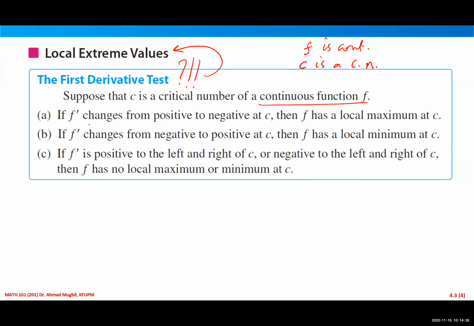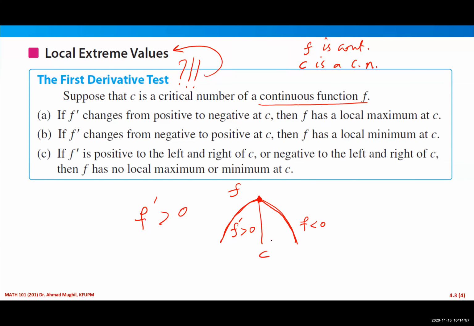When the first derivative is positive, ya shabab, this means increasing, right? And the function itself will be increasing. And if it is negative, it will be decreasing. So here, the first derivative, the slope, if you remember the slope, here it is positive, here it is negative. If this happens, ya shabab, in between here, we will have what?